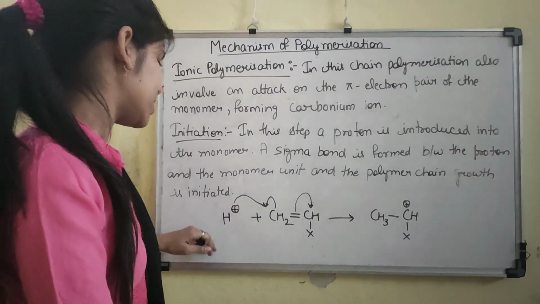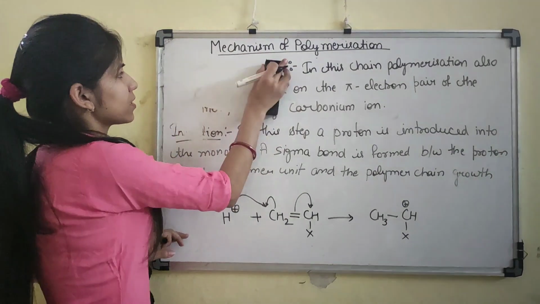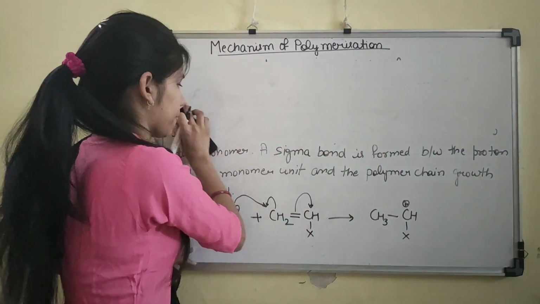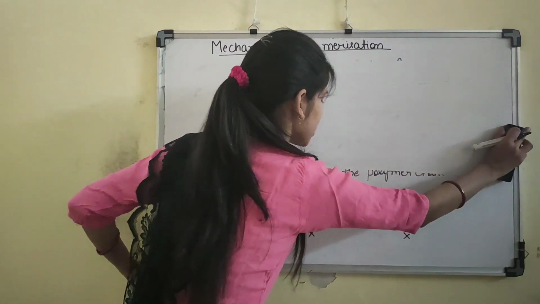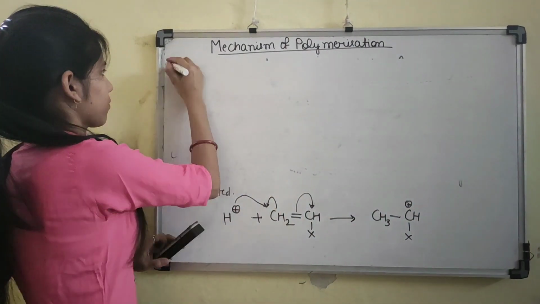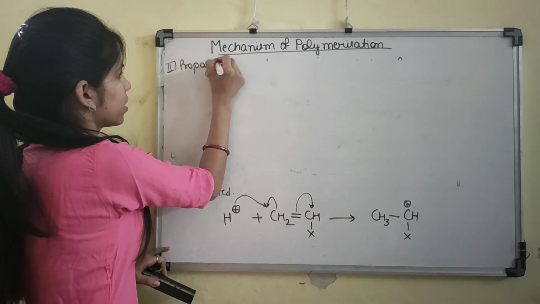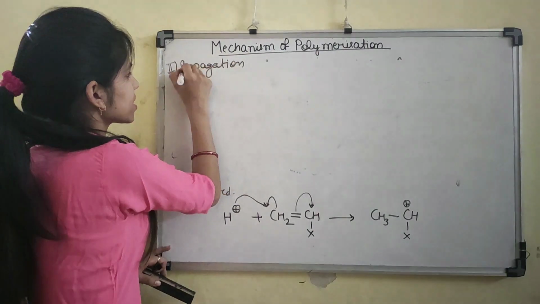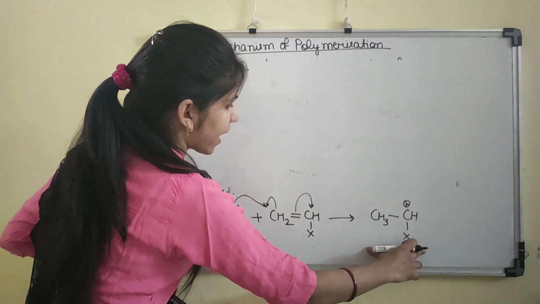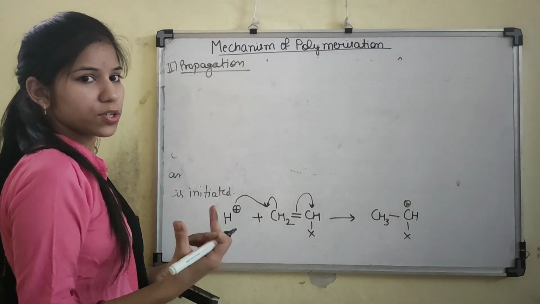They form a carbonium ion. And the second step is the propagation step. In this step, this carbonium ion attacks a fresh monomer unit.